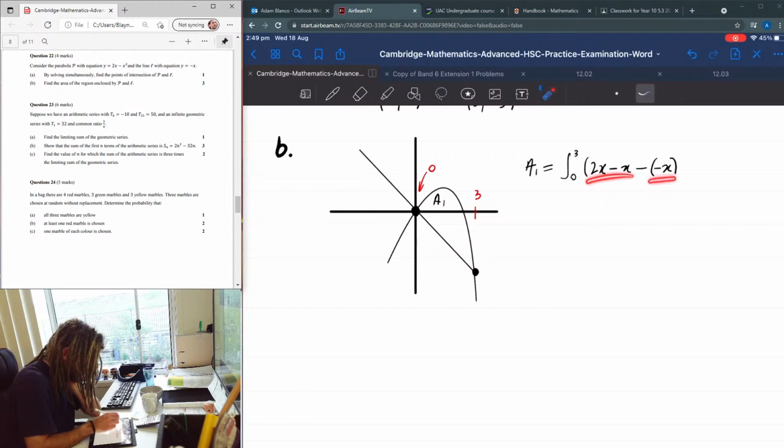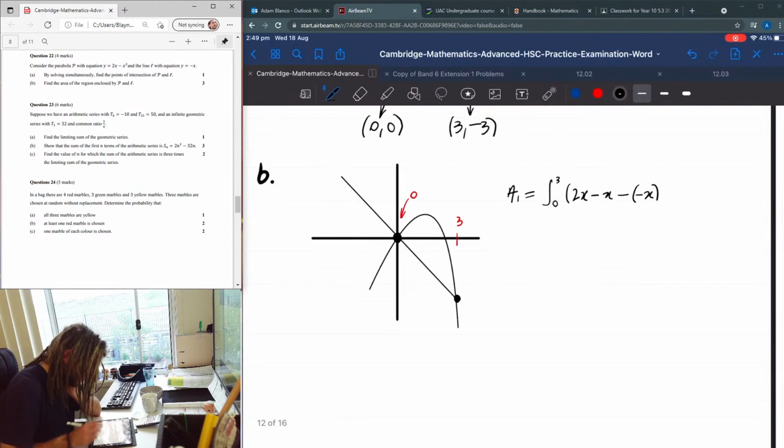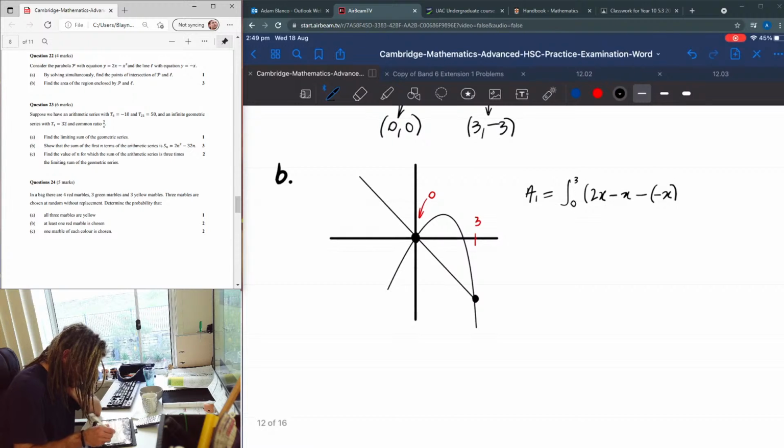Top graph, bottom graph. Okay, dx. Let's simplify that. That's 2x. Oh, I'm missing a squared somewhere. 2x, there's a lot of minuses. 2x minus x squared. That's 3x minus x squared dx.